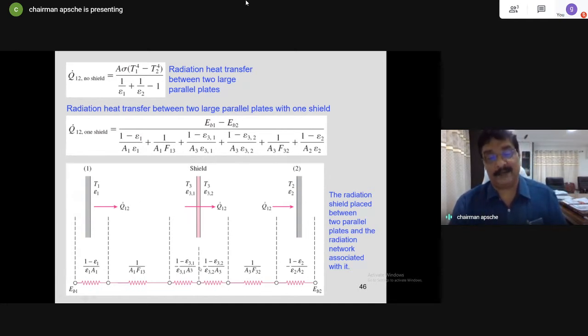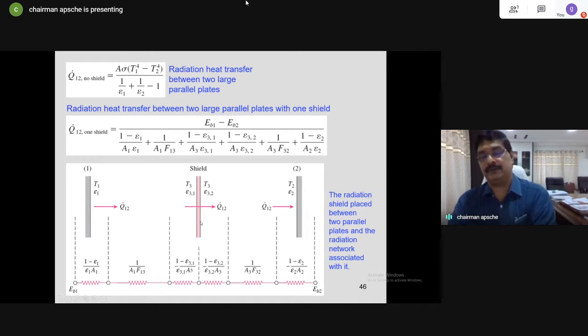What if you introduce a shield? You get two surface resistances into the picture now. If surface 3 is maintained at a third temperature, then it is E_b3 and (1 minus epsilon 3,1) divided by (epsilon 3,1 A1) and (1 minus epsilon 3,2) on this side divided by (epsilon 3,2 A2).